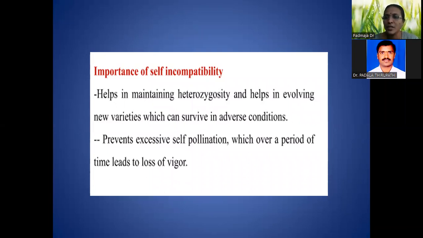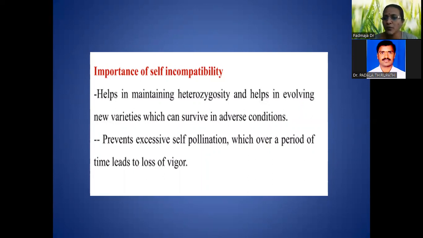In order to get new varieties, nature itself is showing self-incompatibility, and these can survive in adverse conditions. So with incompatibility, new varieties can be helpful and can face different tolerant conditions. It also prevents excessive self-pollination, which over a period of time leads to loss of vigor.